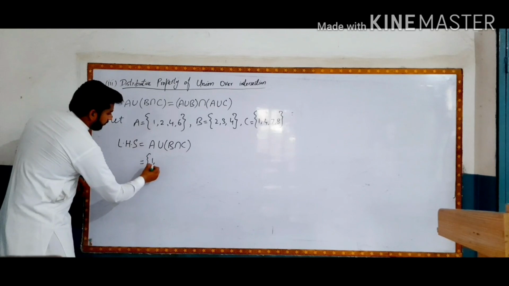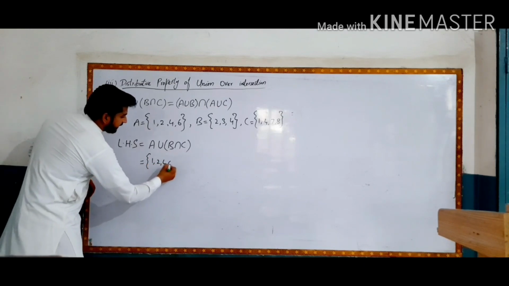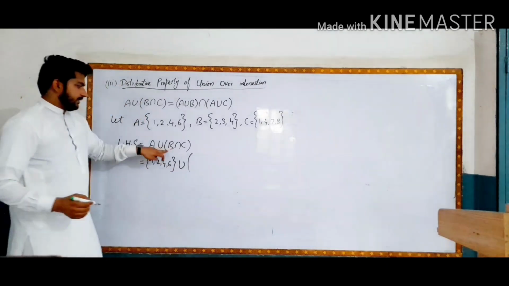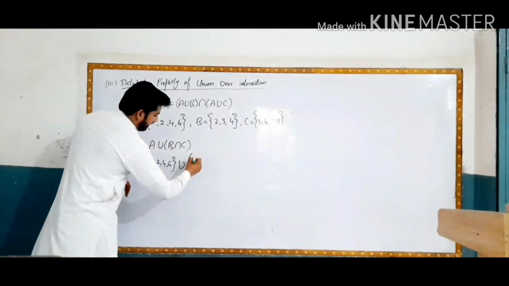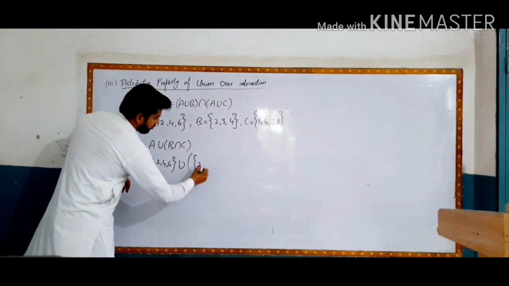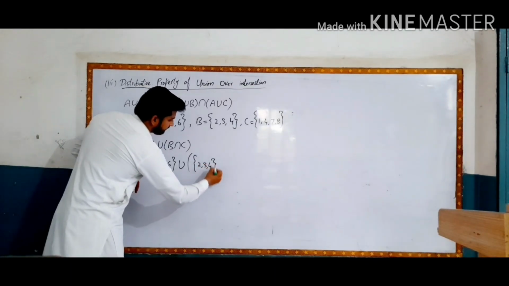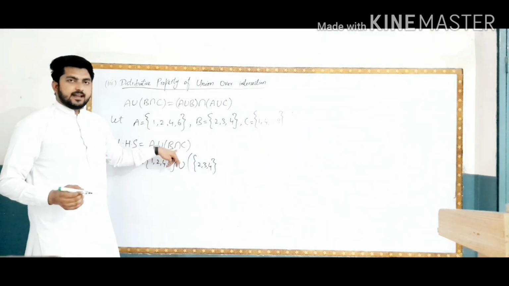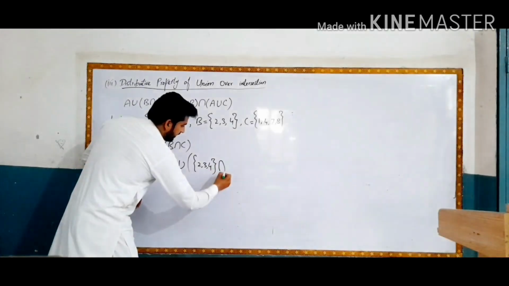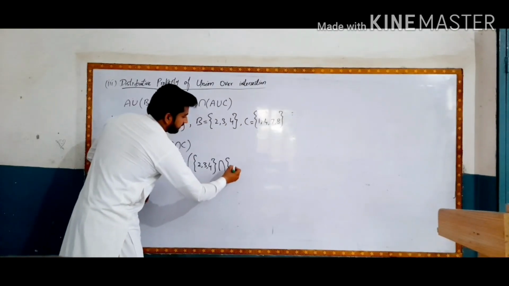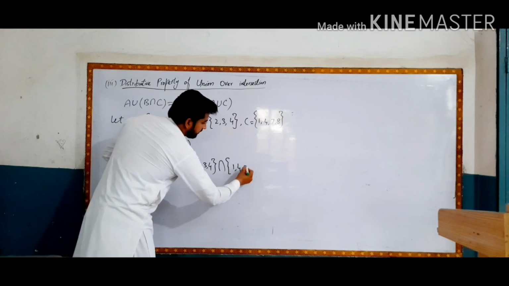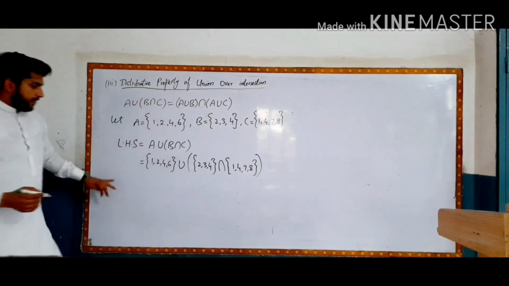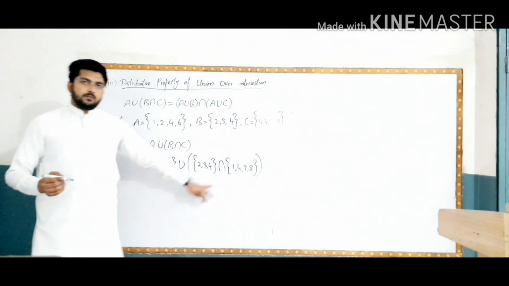Set A is equal to {1, 2, 4, 6} and union, bracket, set B is {2, 3, 4}, and use the intersection sign and set C. Set C is {1, 4, 7, 8}. Bracket close. So first of all we have to solve the bracket.